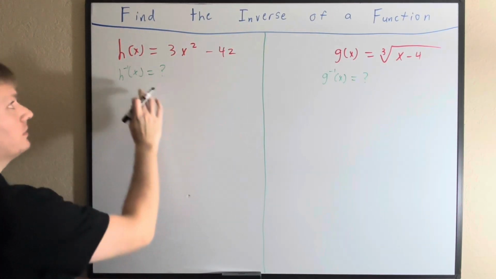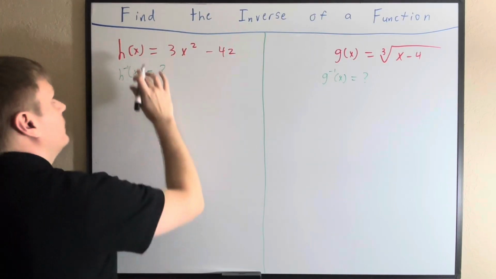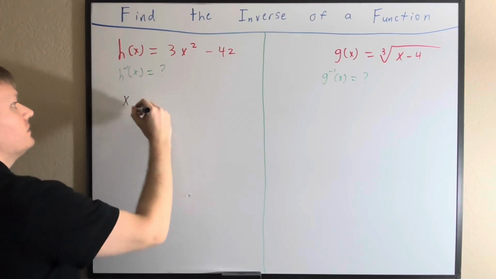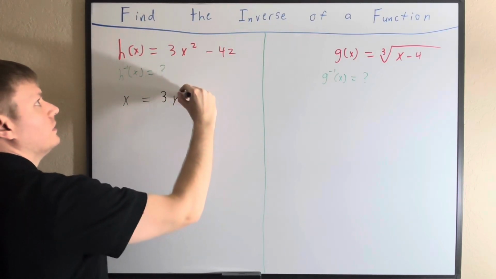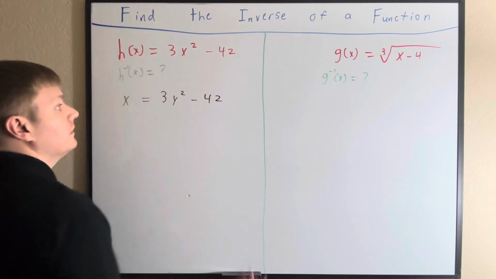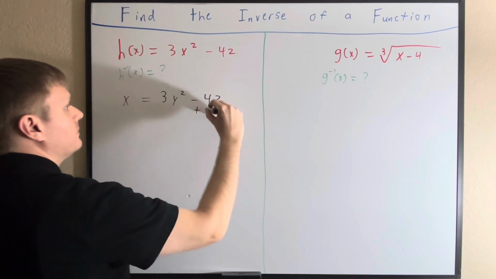So let's get started with h of x here. H inverse of x is what? Well, we'll change h of x to x, and we'll change that x to y, and solve for y. No problem, right?